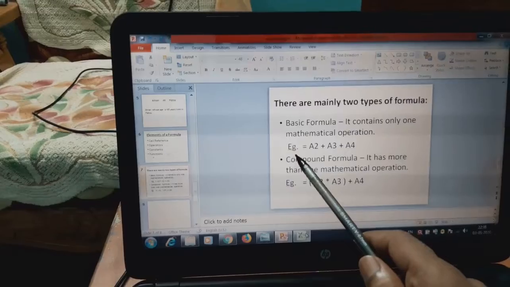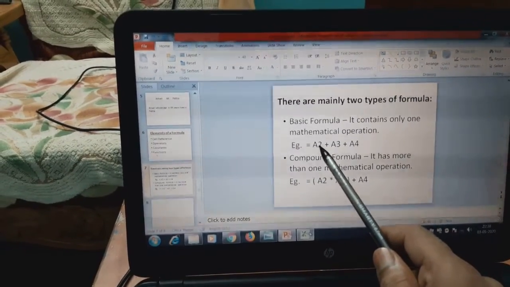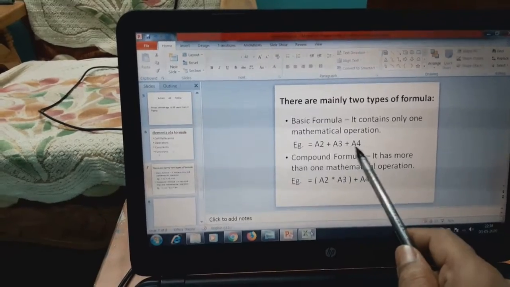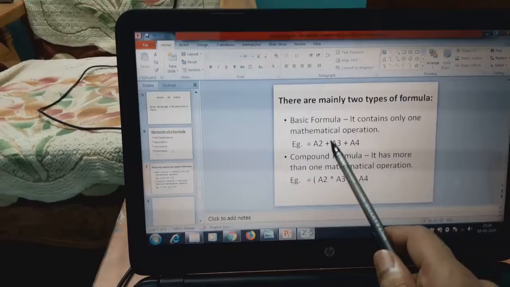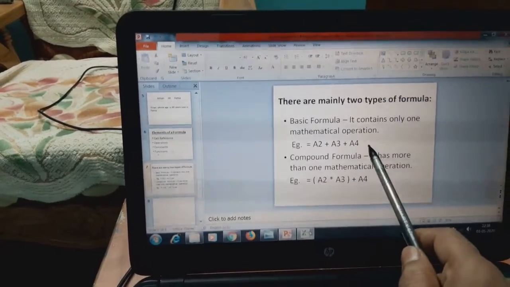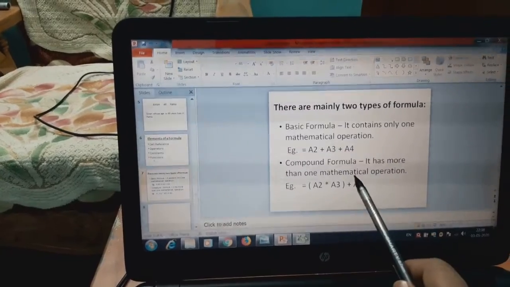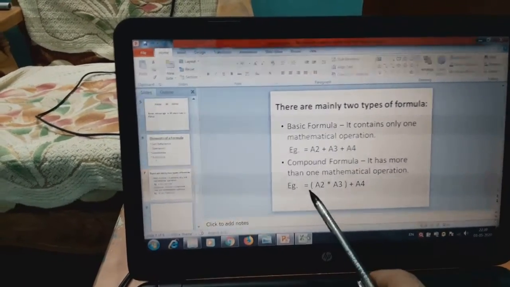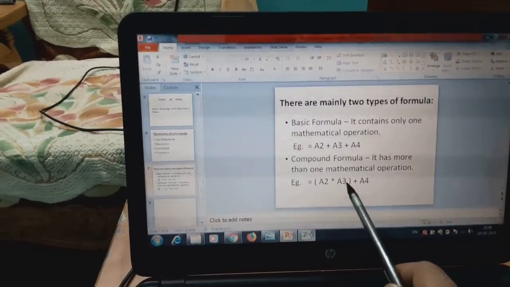Like in this example, I have written the formula equal to A2 plus A3 plus A4. So in this formula only one type of operator, that is plus operator, is used, while in compound formula it has more than one mathematical operation. Example, I have written equal to under bracket A2 into A3.